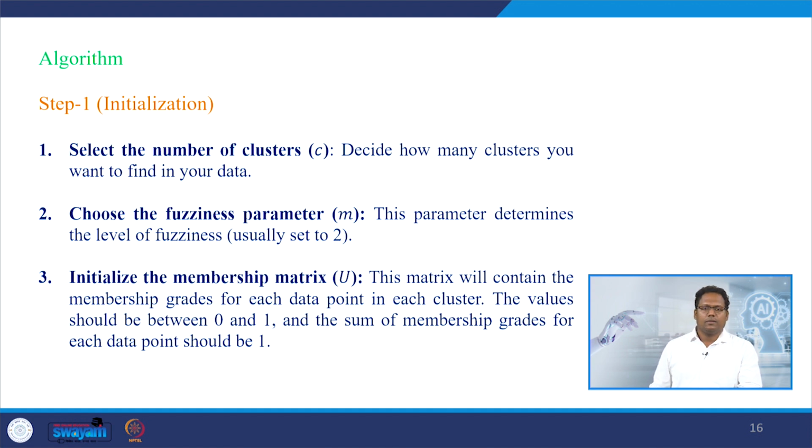And then the third initialization is the membership matrix, and this matrix contains the membership grades for each data point in each cluster. Obviously, the membership function value is in the interval between 0 and 1, and the sum of the membership grades is equal to 1.